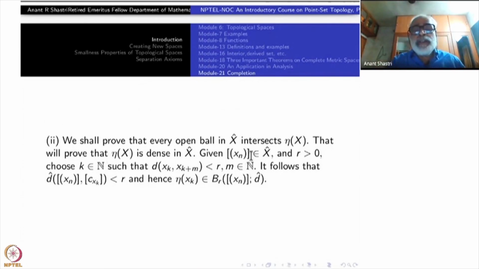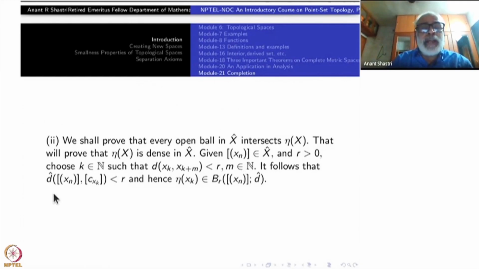That means its distance from xn must be less than r. So for that, choose a k belonging to N such that, since this is a Cauchy sequence, d of xk, xk plus m is less than r for all m. Once you have chosen k, for all numbers bigger than k also this will be true.